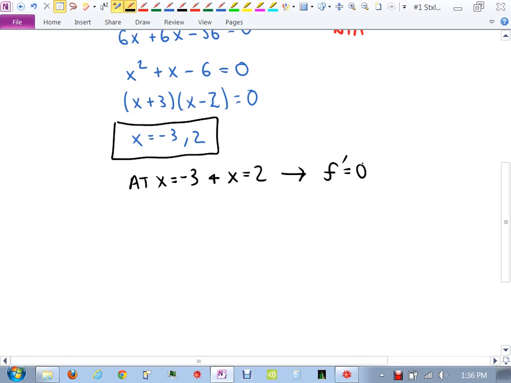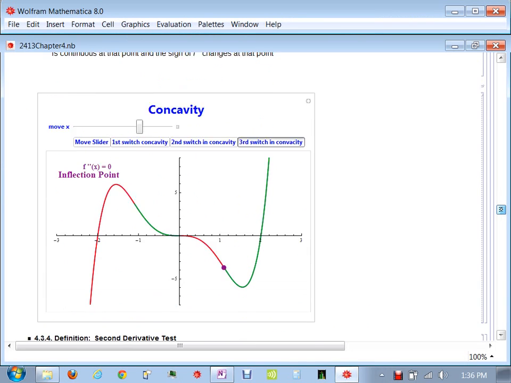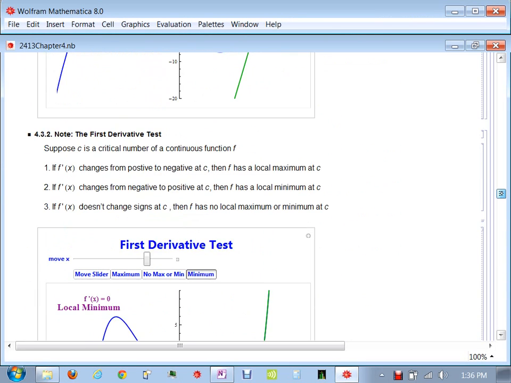Now, the first derivative test said, there it is right there: if the derivative changes from positive to negative at c, then it's a local max. If it changes from negative to positive, then it's a local min. If it doesn't change signs, nothing happens, right? No local max, local min.